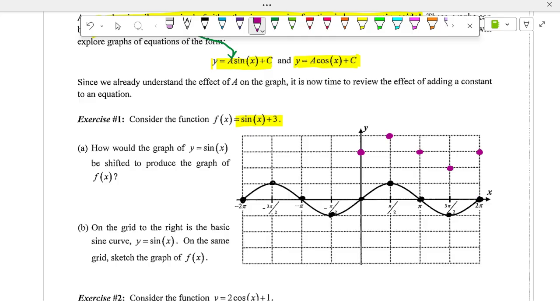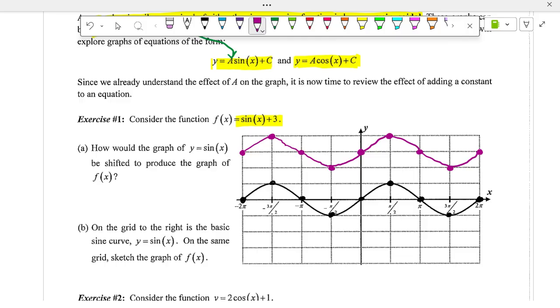So if I start at 0 and I go backwards, where would negative pi over 2 end up at? 2, then 3, then 4, then 3. So here's my graph. Here's my question.